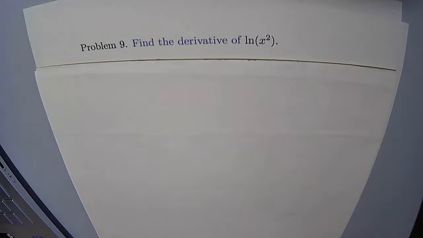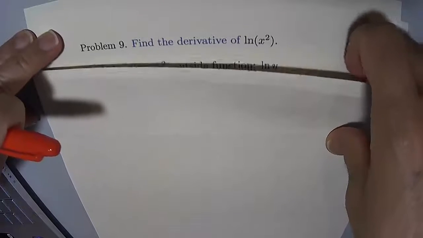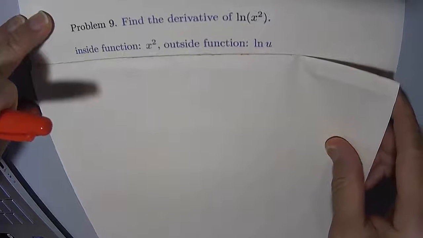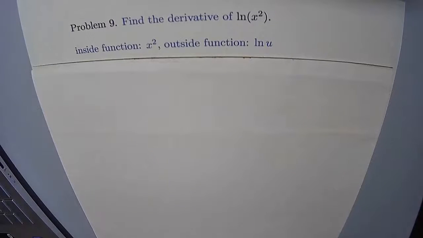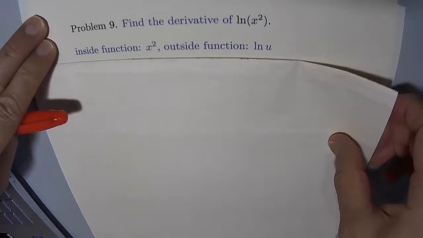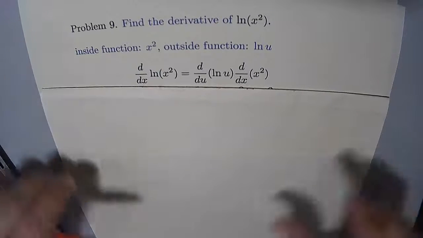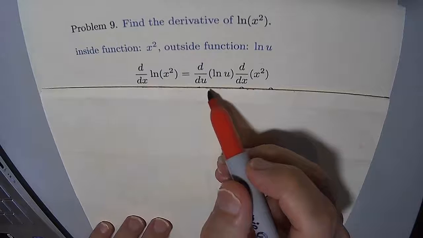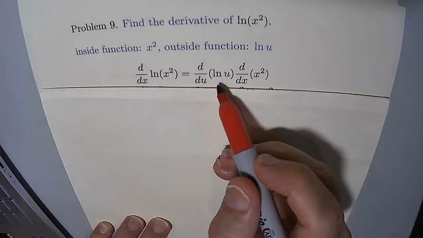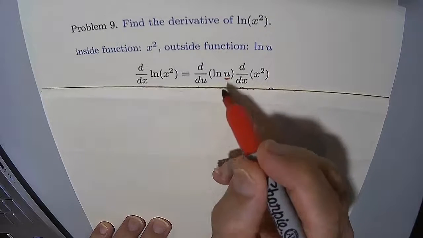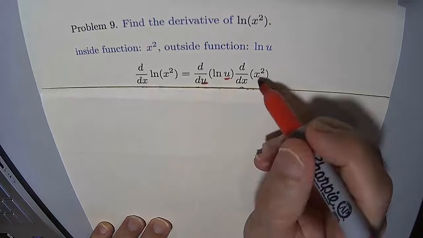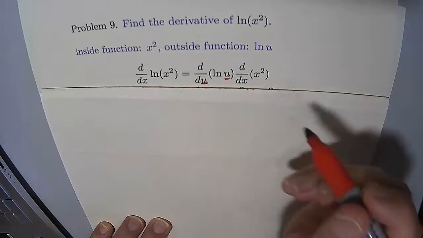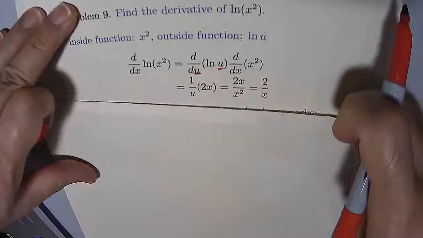Alright, next let's take the derivative of ln of x squared. The chain rule is fairly straightforward. The inside function is x squared and the outside function is the natural logarithm. So according to the chain rule, we have the derivative of the natural log with respect to u, and then times the derivative of the inside function, which is the derivative of x squared.